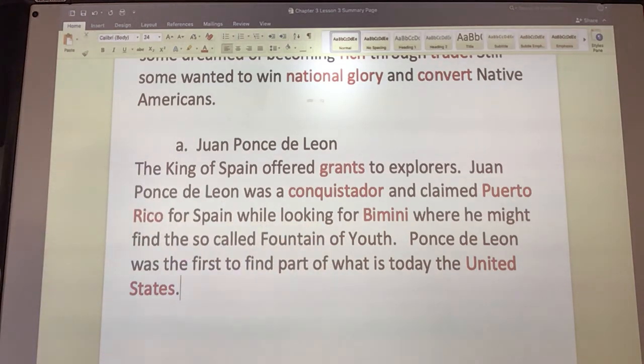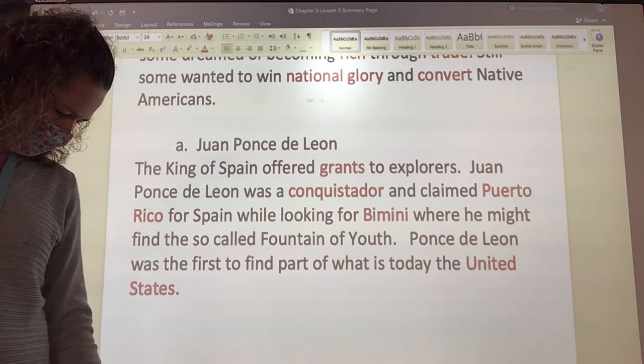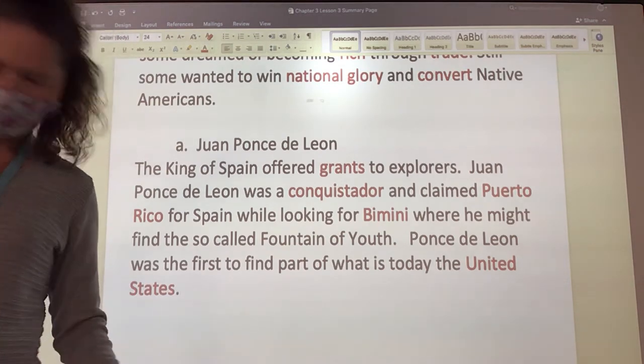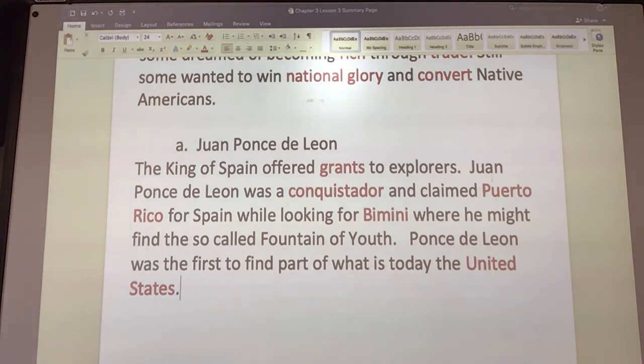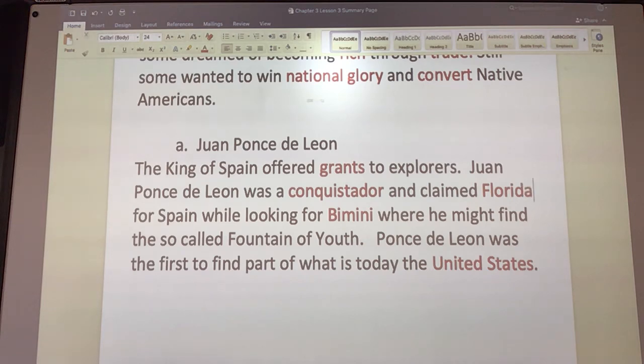So he helped conquer Puerto Rico. Here I had Florida, and you could put in there that he conquered Puerto Rico. So maybe put Florida with Puerto Rico, that way you know they go together.